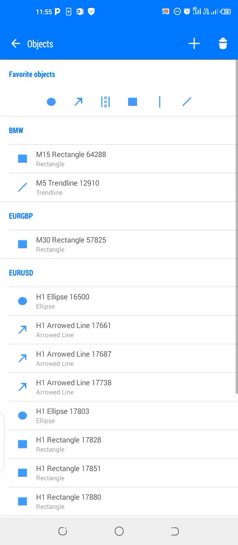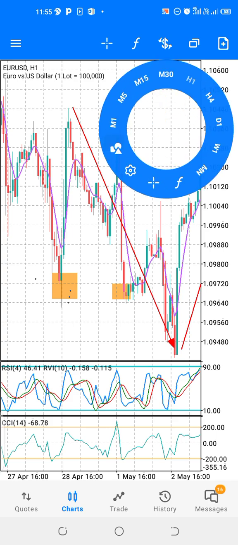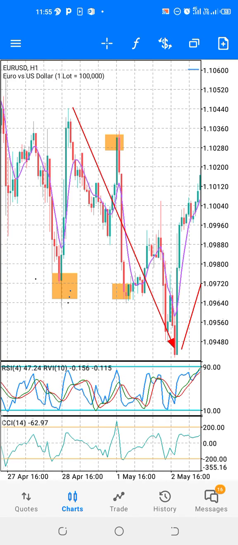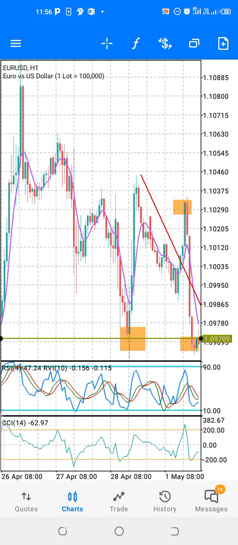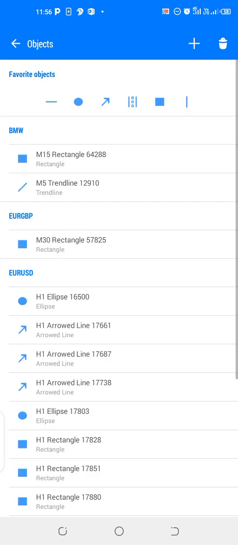Because of the distance between this area and this area, let me show you. The distance here, this distance between these two support areas, you understand that it is not the same as compared to this area and this, which are the two support areas.